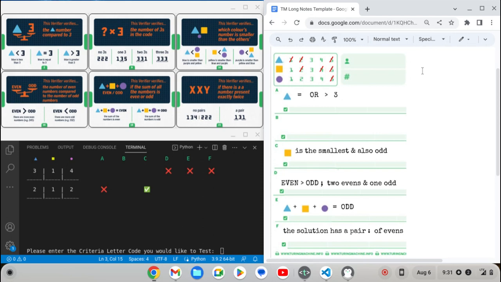And so we know then, since square is odd, interesting, so triangle is 4. Okay, which means that circle must be 4 as well. So let's cross out everything but the 4.